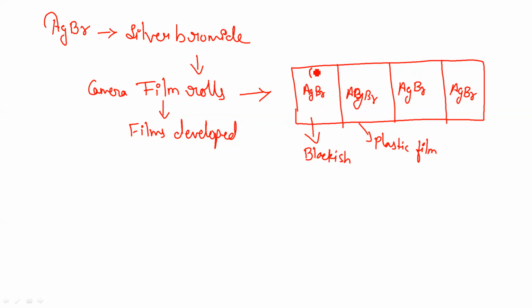So the picture was formed of the person, or whatever picture you want to make, readily with the exposure to the light, and Br was liberated. So this photolysis method was used in order to take the pictures in the older cameras. This was a proper application of your AgBr.